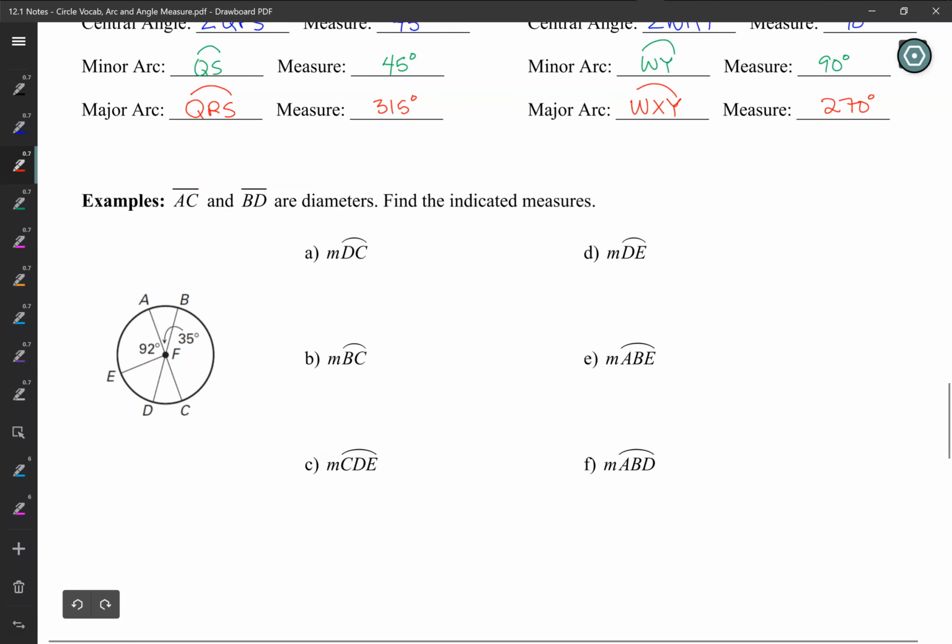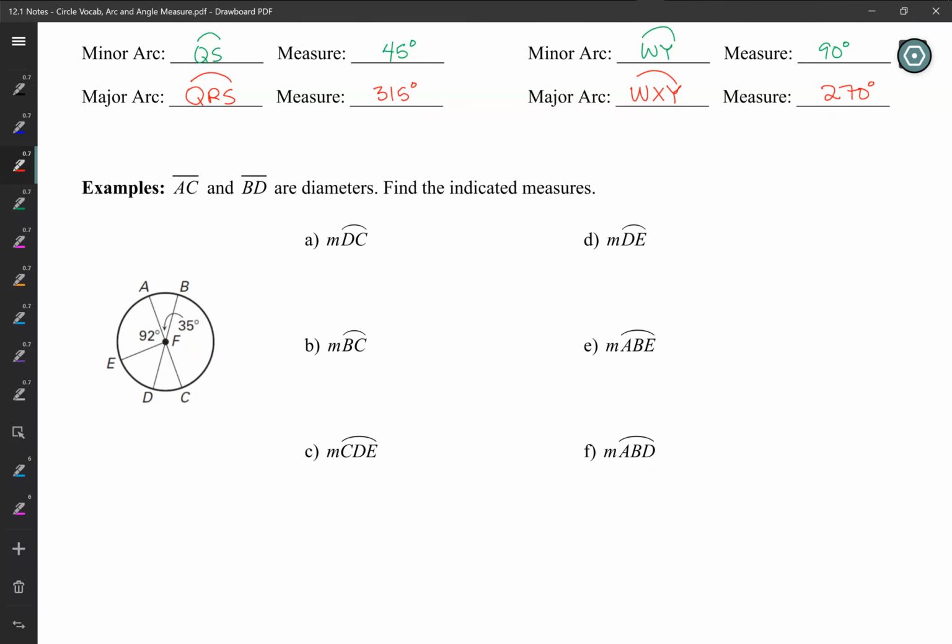Now you may see some where you have a bunch of angles and arcs on the same diagram that it wants you to figure out. So one thing that you want to look at is if it tells you that you have some diameters. Those are cutting the circle in half. It's telling you that you have some things that add to 180. And also look for vertical angles.